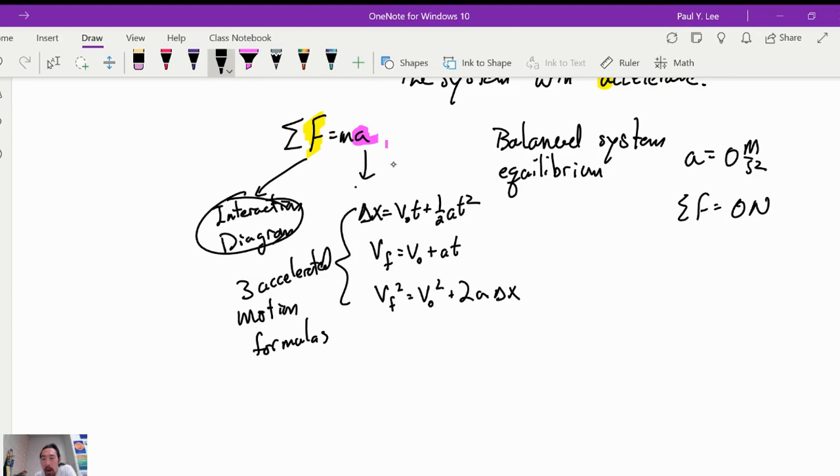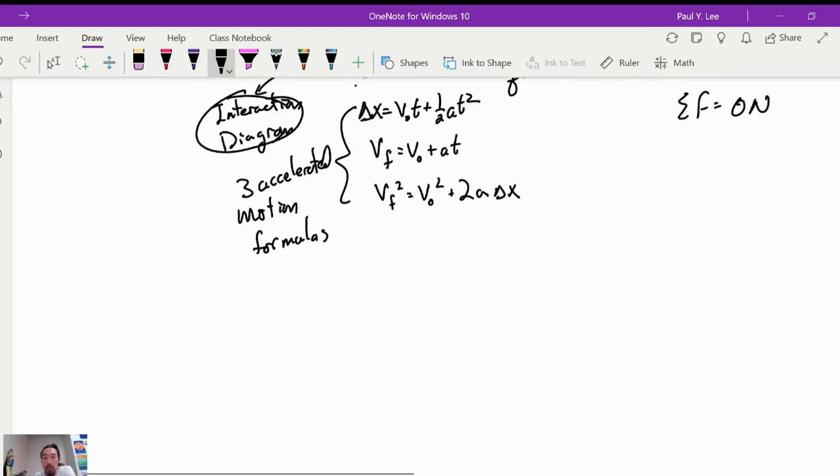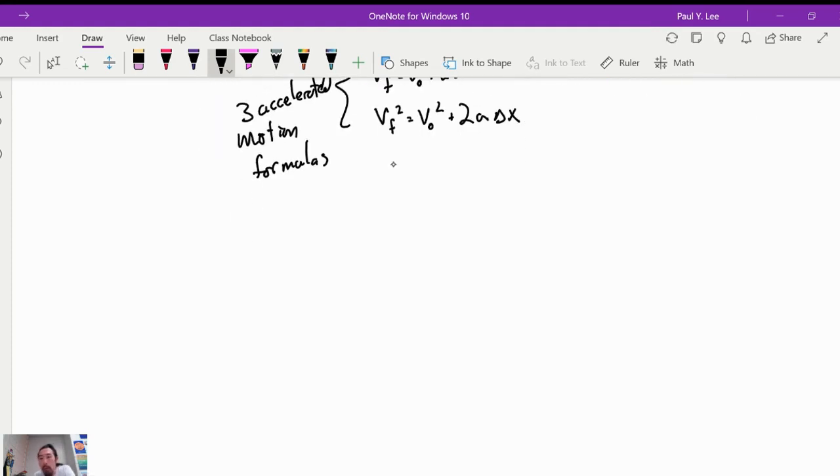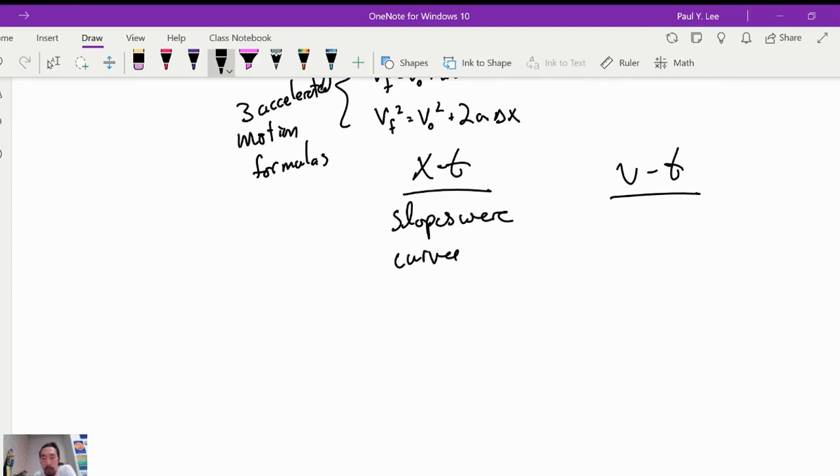And from Unit 2 and Unit 1, we also came up with two new types of graphs. We had a position time graph and a velocity time graph. For the position time graphs, if you remember, our slopes were curved.